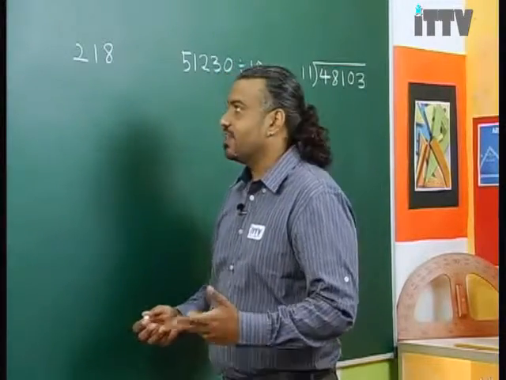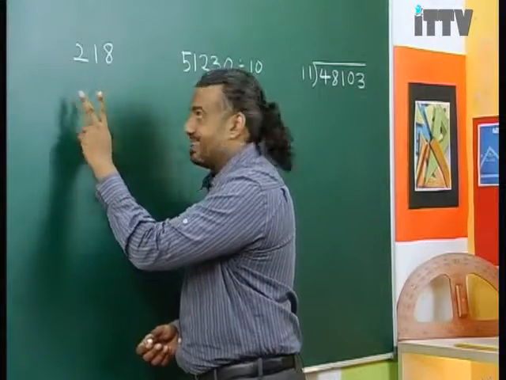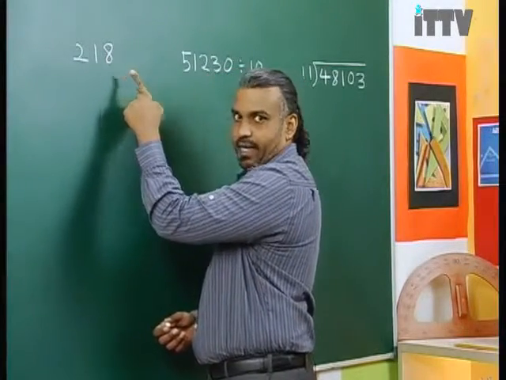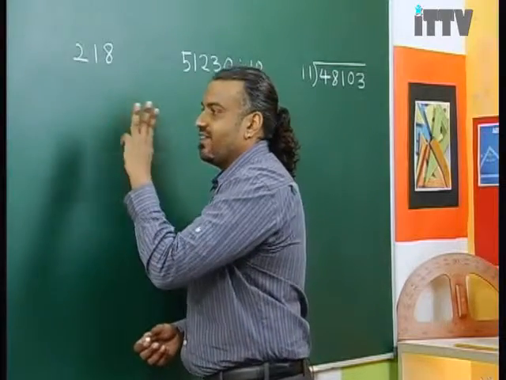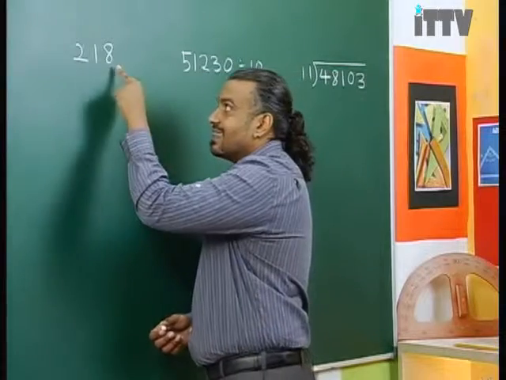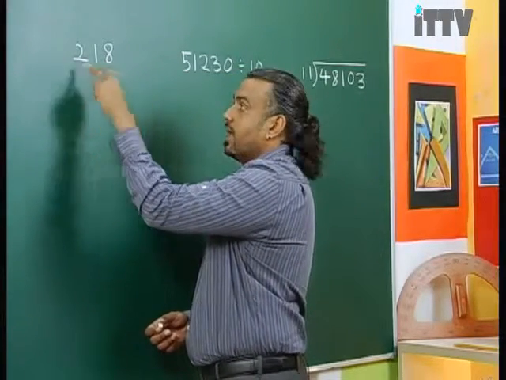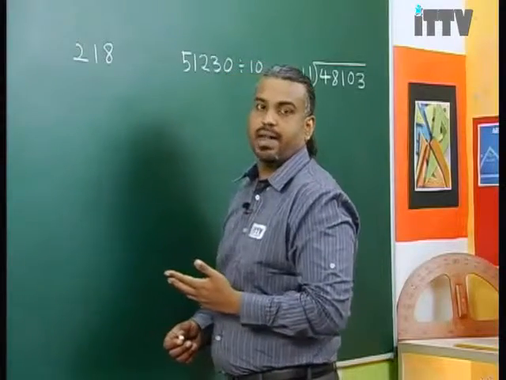No. So you see, when we check for divisibility by 2, you answered yes. Why? Even number. Very good. Is it divisible by 3? Your answer is no. Why? The sum of all 3 digits, you've got to watch all 3 digits, is 11 and it is not divisible by 3.